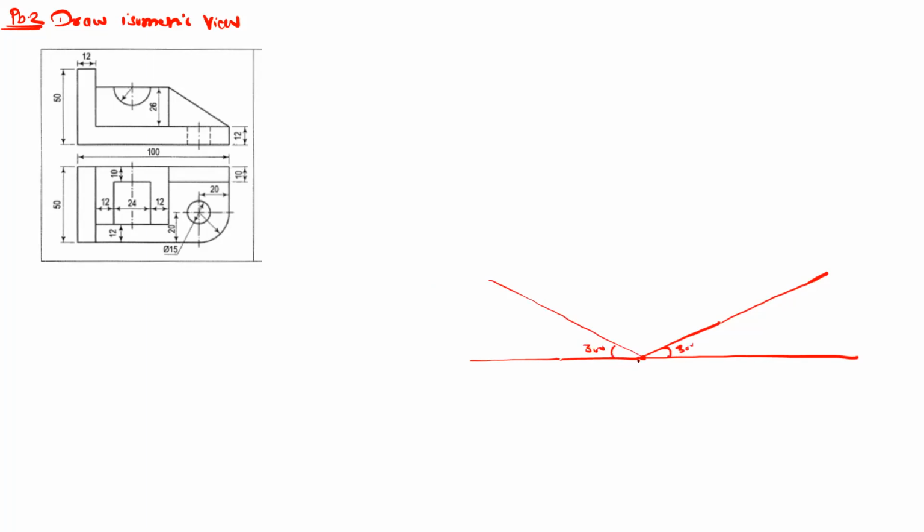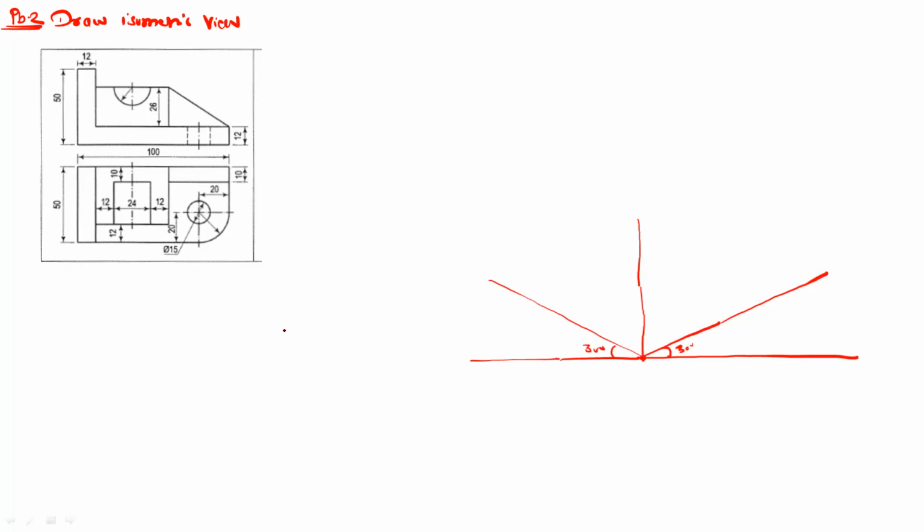And from this point, draw a vertical line. Now observe the dimensions of that rectangle, that is the maximum dimension in the front view and in the top view. So this view we can complete in two ways.